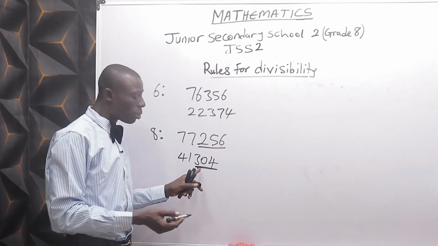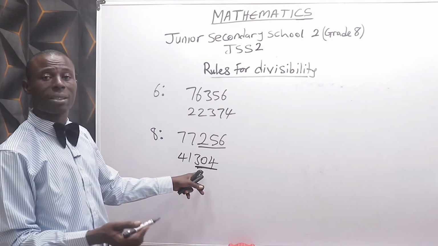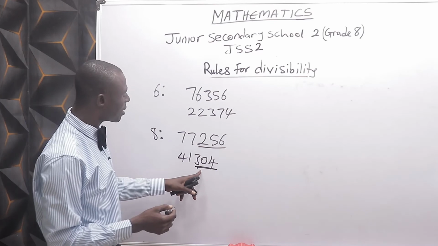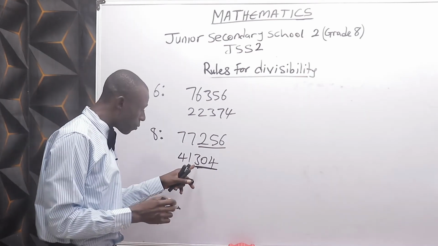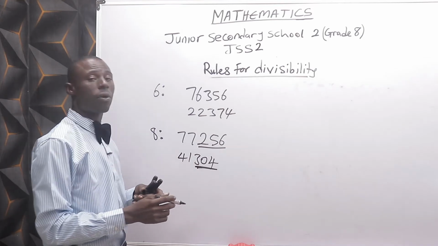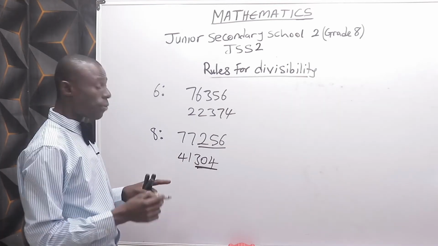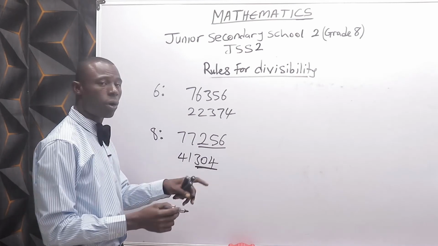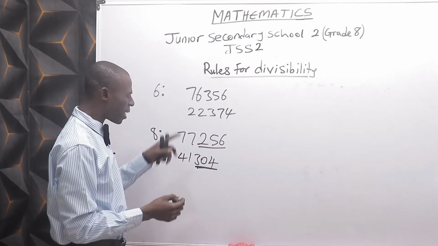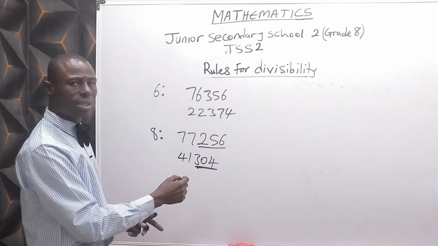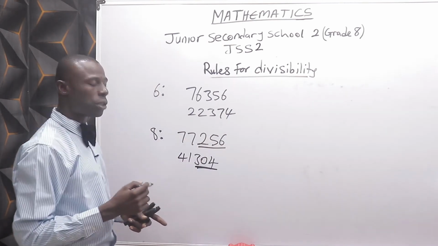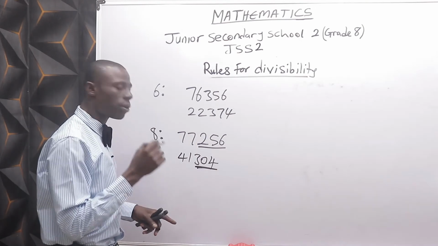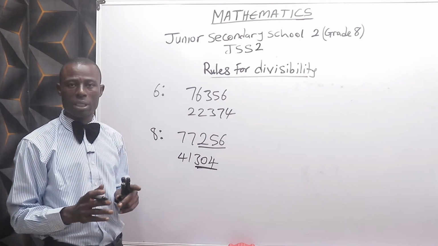If you use 8 to divide 304, you get 38. 8 times 38 gives you 304. Take your Bible, try it out. So far, 8 can divide the number formed by the last three digits of this number. That means 8 can divide the whole number 41,304. I want to believe you understand.